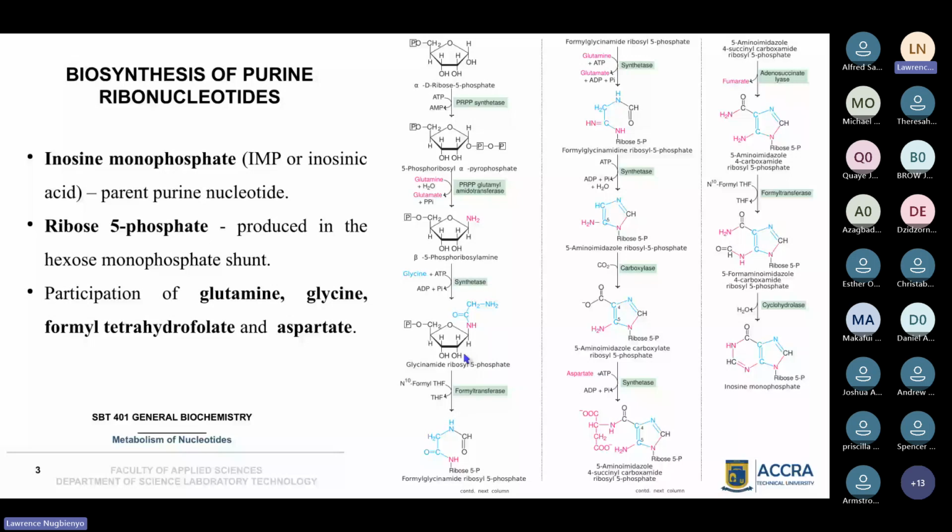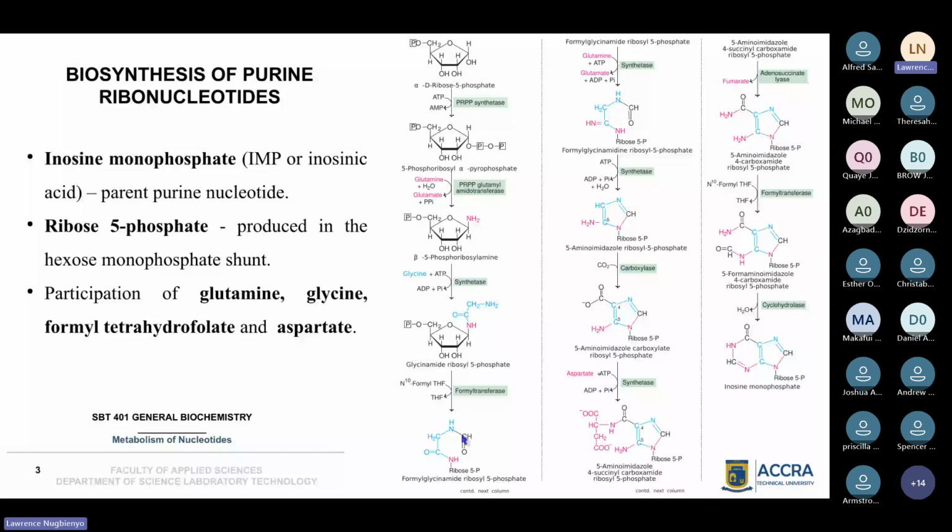The tetrahydrofolate is black, so we use black to represent that, and that gives out that carbon with the oxygen, so it's black, which is binding to that amine group of the glycine residue that is binding in that molecule.